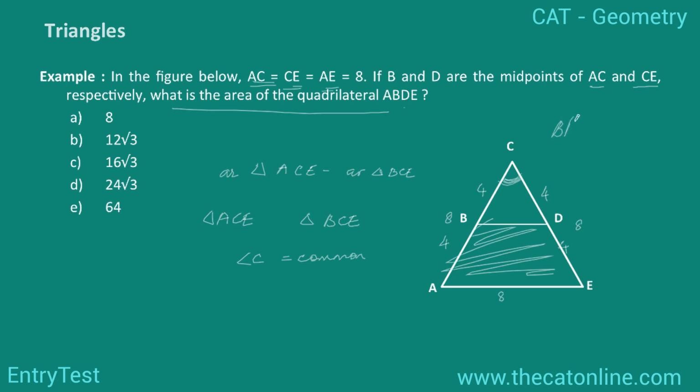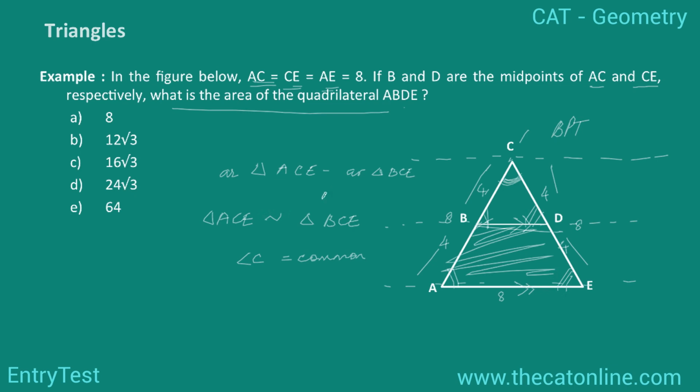The basic proportionality theorem says that if three or more lines are parallel, then the ratio of the transversal would become equal. So this is 4 over 4 just as 4 over 4. That means BD would be parallel to AC. If BD is parallel to AC, that means the corresponding angles would also be equal, and therefore the triangles would become similar.